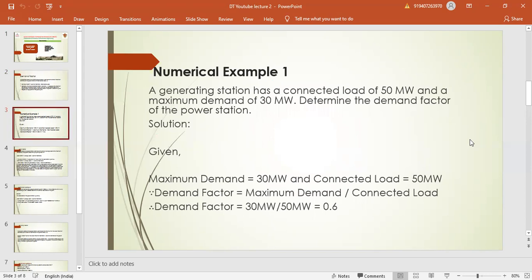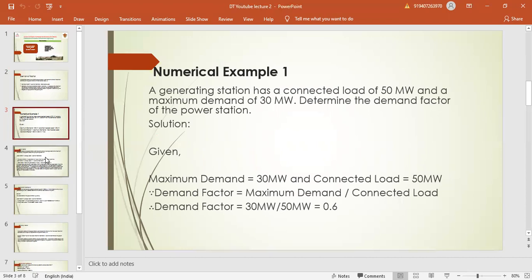The maximum demand given is 30 megawatt and the connected load is 50 megawatt. As per our formula, demand factor is maximum demand divided by connected load. So demand factor equals 30 megawatt divided by 50 megawatt equals 0.6. In this way, we can easily find out the values of demand factor.